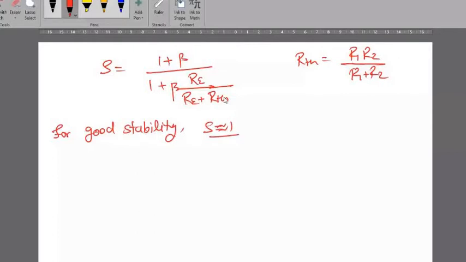For this factor to be 1, RTH must be much smaller than RE. If RTH is much smaller than RE, then the numerator will be cancelled out by the denominator. This whole term will be near about 1, so 1 plus beta upon 1 plus beta will be approximately 1. Is that fine?